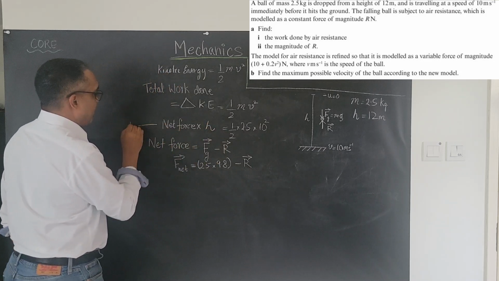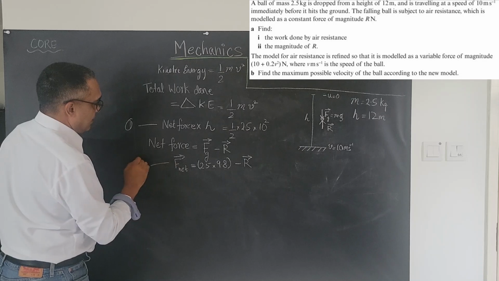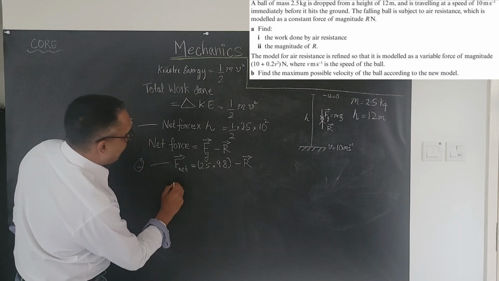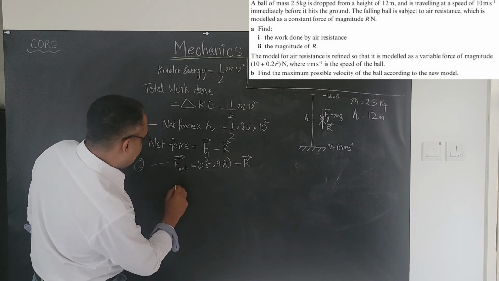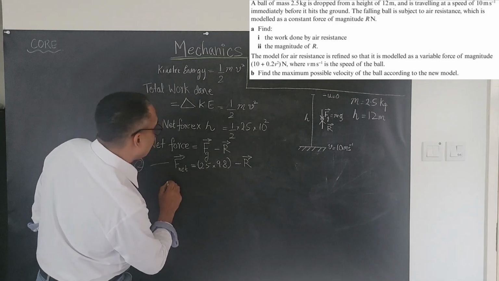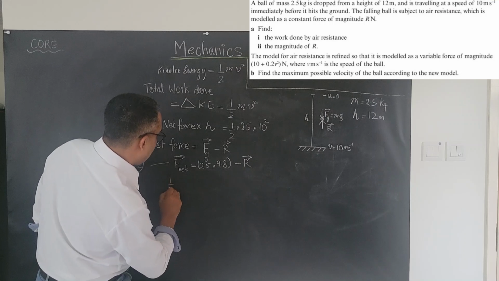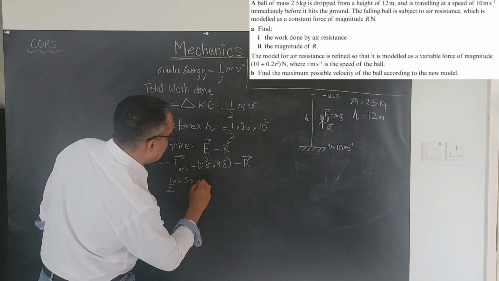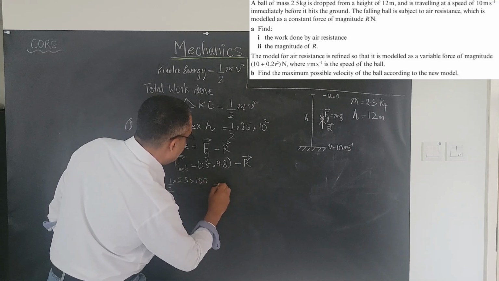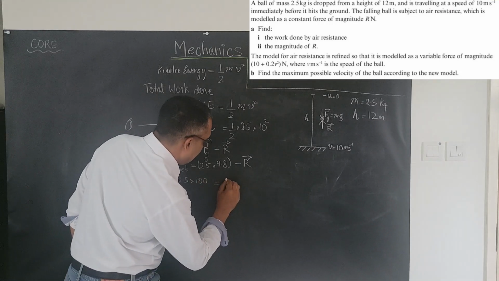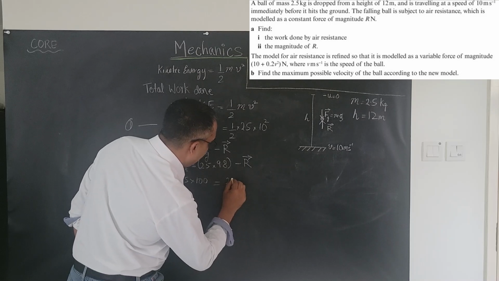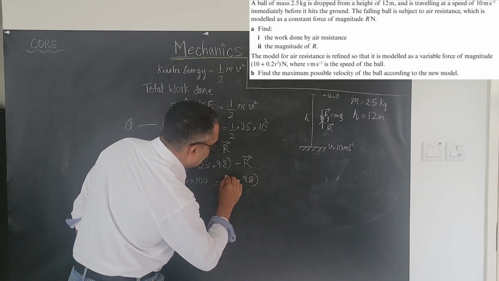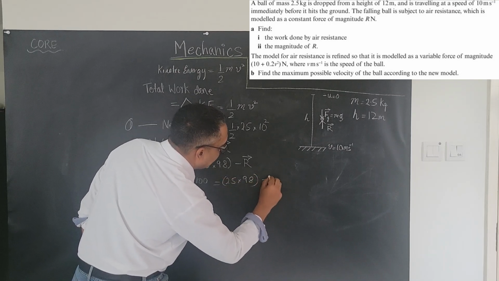So that would be one equation, and that would be another equation, which I can then equate and write as, think about it this way, 1/2 times 2.5 times 100 is equal to 2.5 times 9.8 minus R.